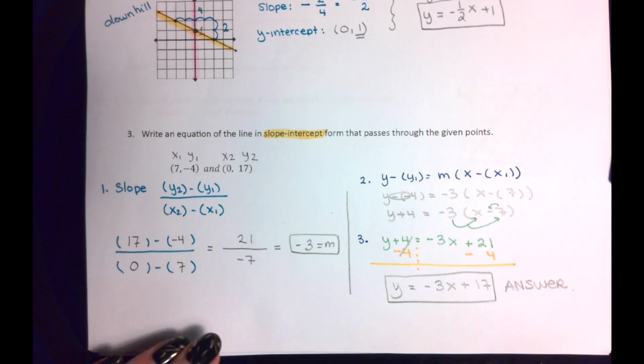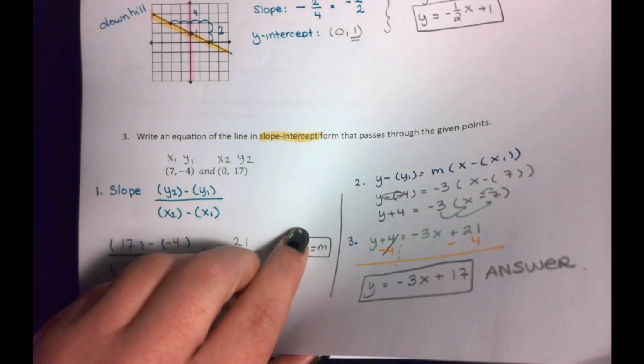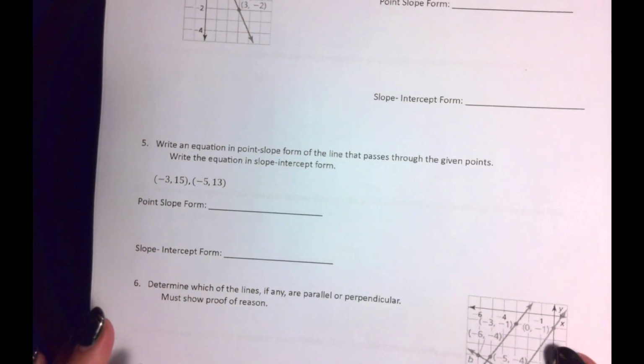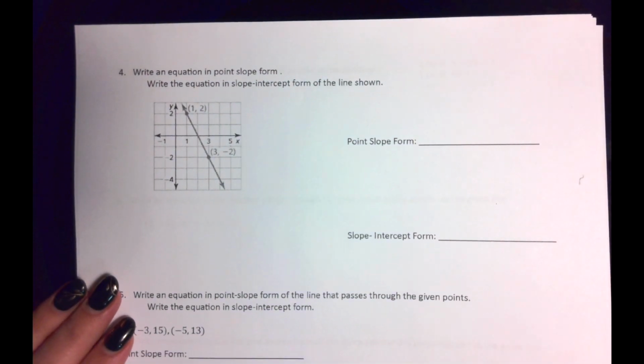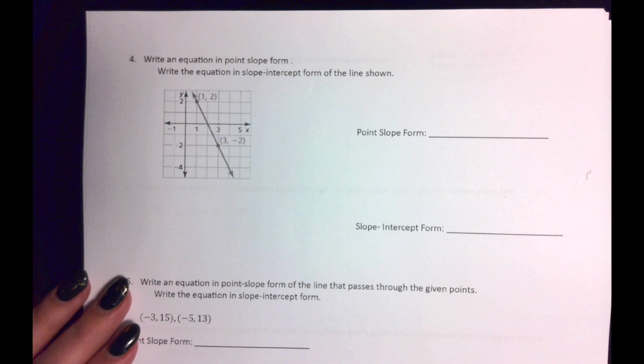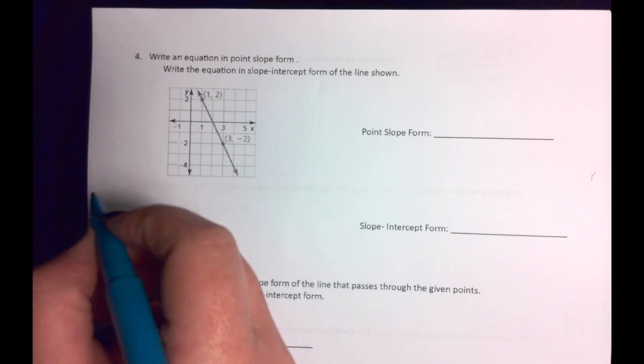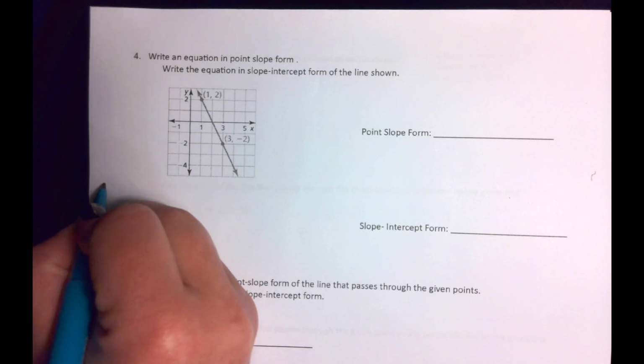All right, moving on to the next question, question number 4. Question number 4 is quite similar to question number 3, except that they are giving us a graph. So we can, instead of solve for slope, we can count for slope.